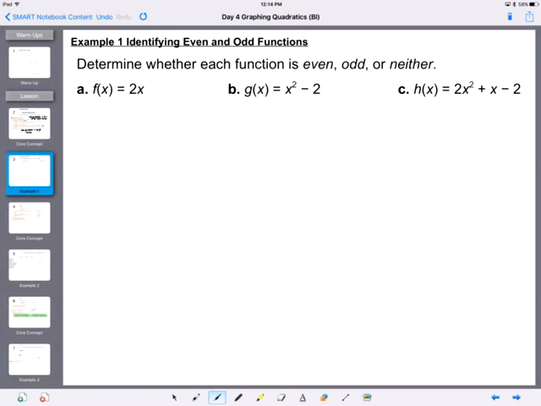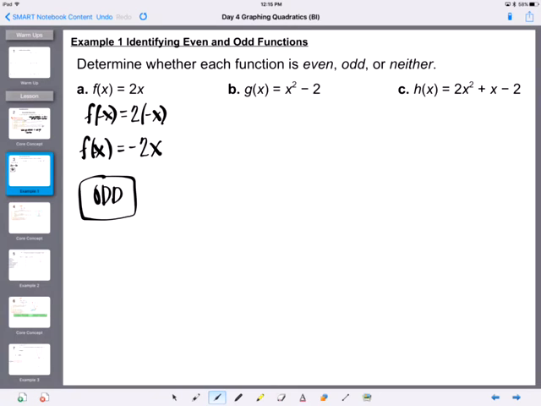So when we look at example A, if we replace our x with negative x, 2 times negative x is equal to negative 2x, our entire function became negative. So we say this is odd. Example B says g of x is equal to x squared minus 2. So when we evaluate for negative x, we plug negative x into our function.